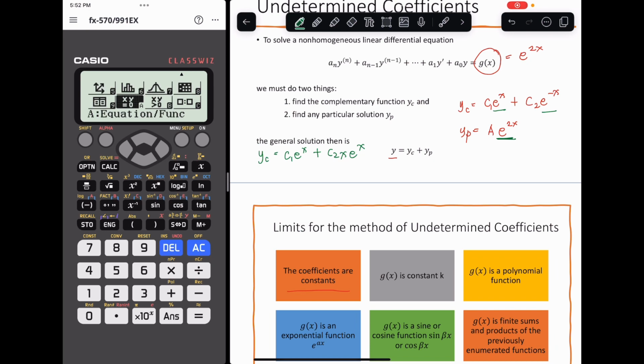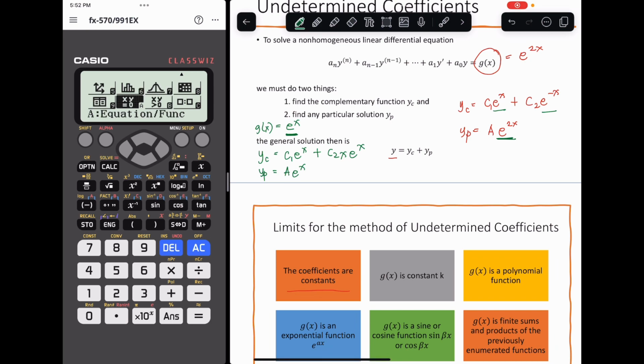So yc equals c1 e raised to x plus c2 x e raised to x. This one is case 2, repeated roots. And let's say it just so happened that our g of x here is equal to e raised to x. Therefore, if I write my particular solution here, since g of x is e raised to x, that would become e raised to x multiplied by A. So A e raised to x.